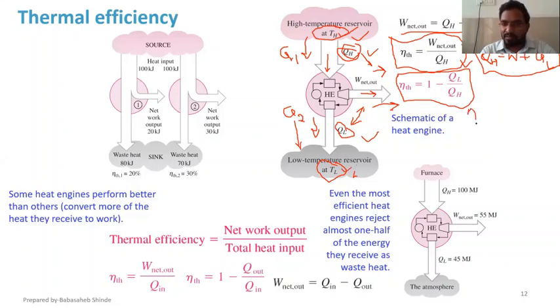So the relation could be N thermal is equal to 1 minus T2 by T1 also. T2 is proportional to QL, and T1, that is QH is higher, is proportional to the temperature of that source, that is T1. So relation will be N thermal is equal to 1 minus T2 by T1.